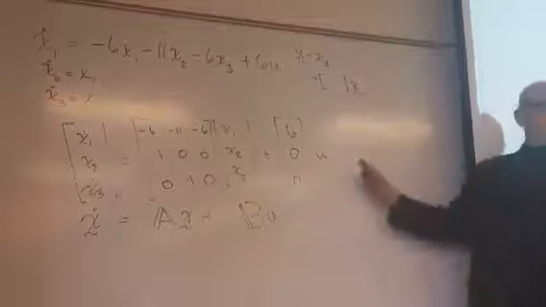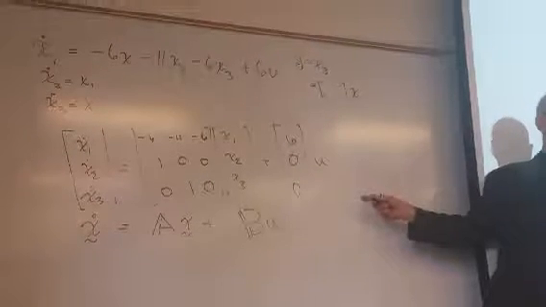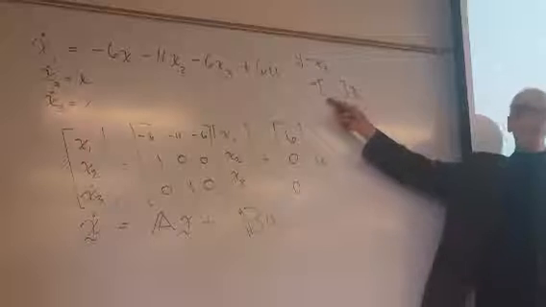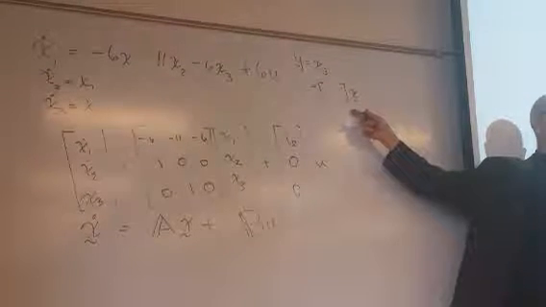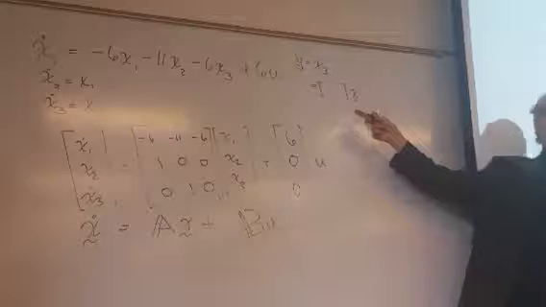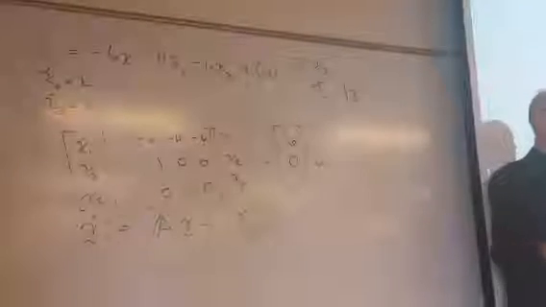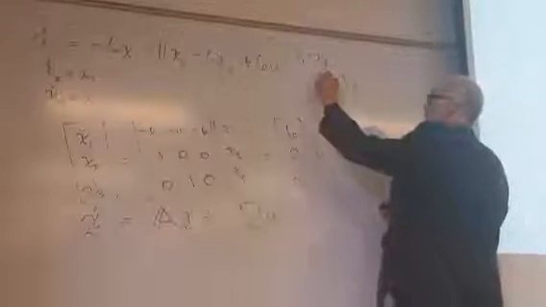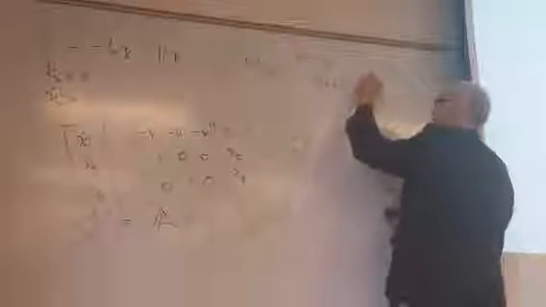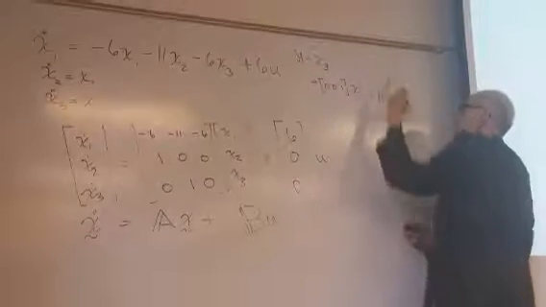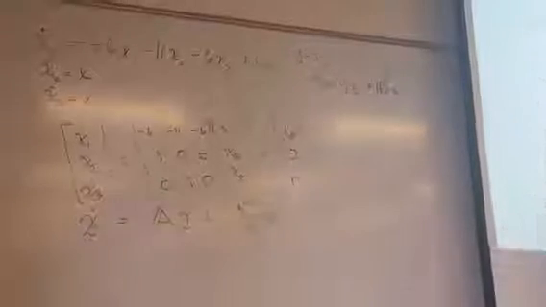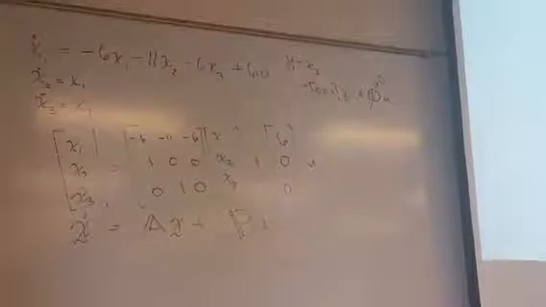Because this is a three-dimensional x. What do I need here? Remember your row column? This is just x3. That's the output. So this has to be 0, 0, 1. And then you can say Du, where this is 0, because there's nothing there. So that's one state space representation of this, and it's given right here at the top.